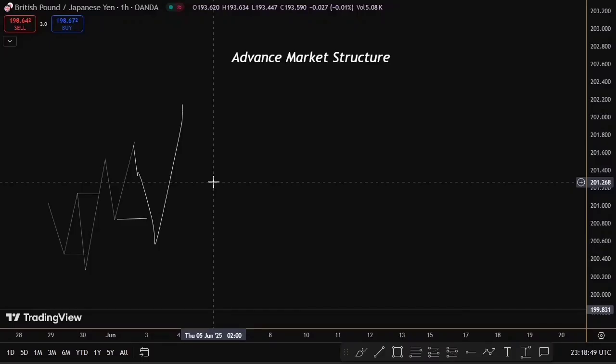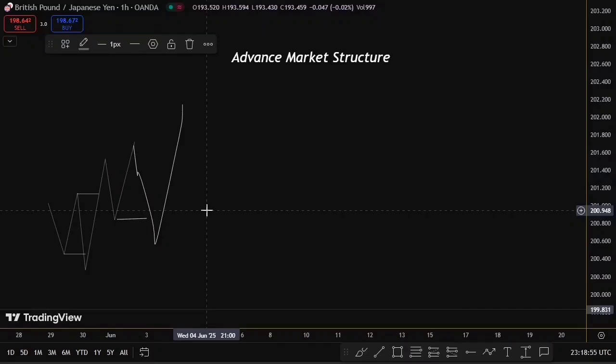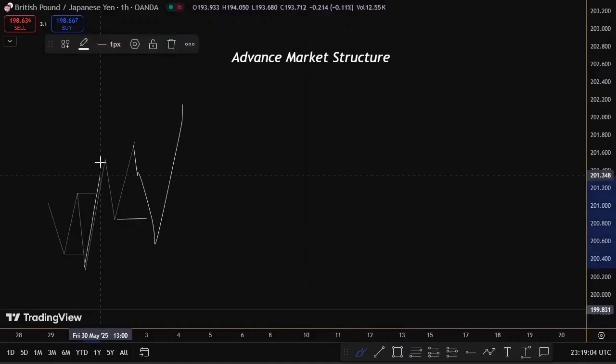Now for this, you need to understand that every pullback that is not 50% of the original impulsive move counts. Remember, we stated in the basic market structure that the buys in an uptrending market are considered to be the impulsive move, and the sells that are not aligned to the buyers are considered to be a correction move.